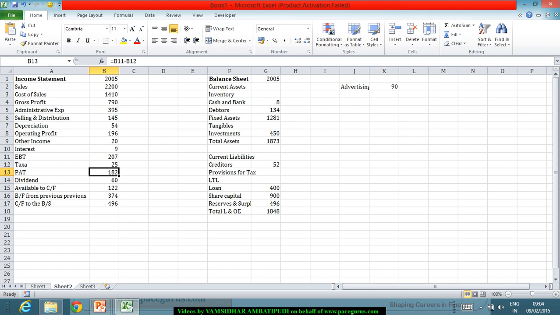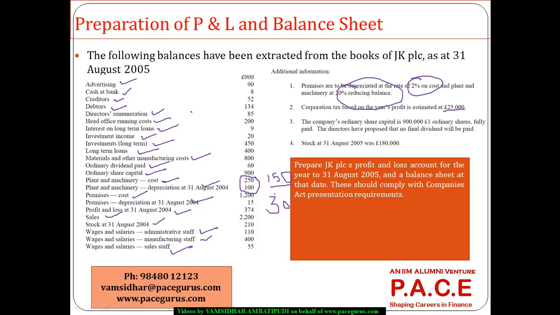And here probably I might not have paid the tax. If I have paid the tax, at least it should reflect in my cash going down, or if I have not paid it, the provision for that tax has to get added up. So I am adding up that 25 as a part of the provisions.